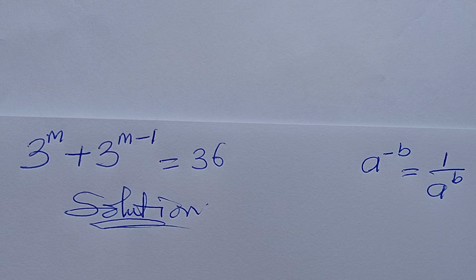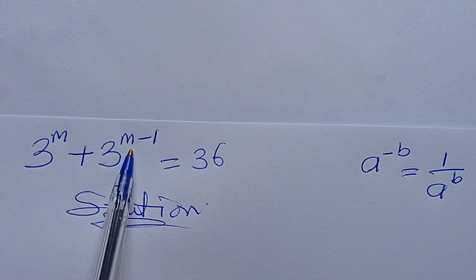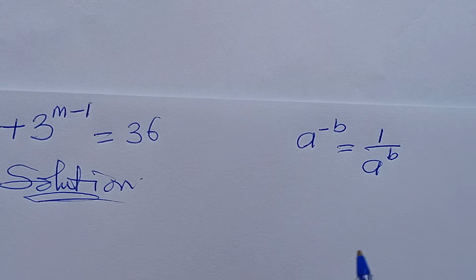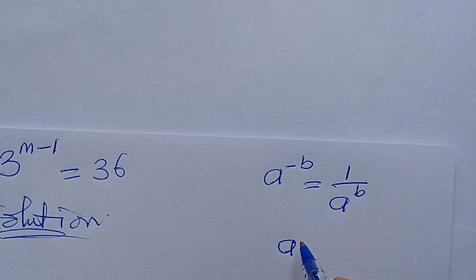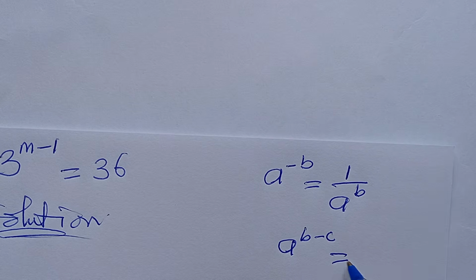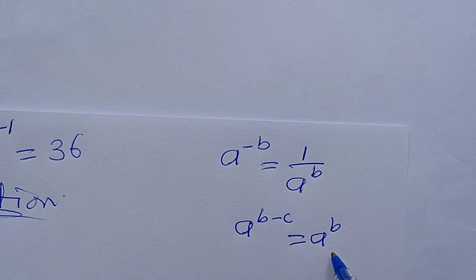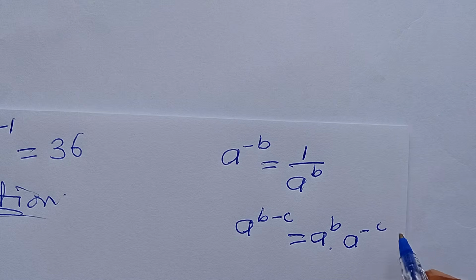But again, if you check carefully, we have an expression at the exponent here. And so I'm going to apply another law of indices, which says that a to the power of b minus c is equal to a to the power of b times a to the power of minus c.